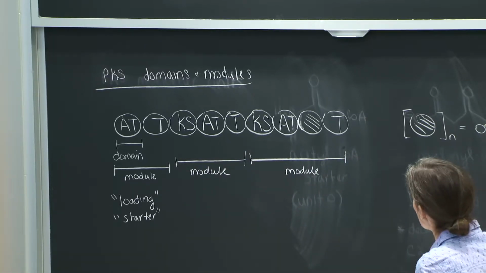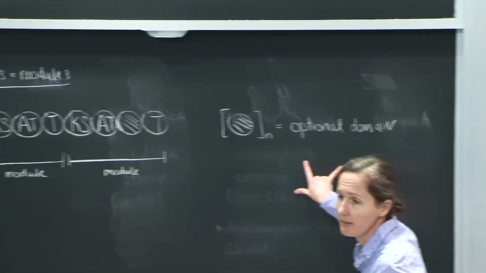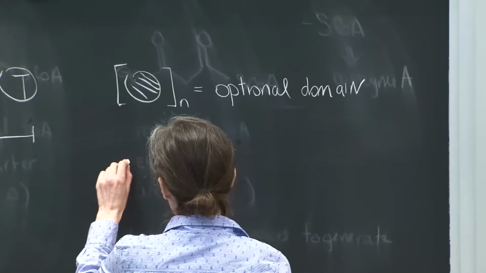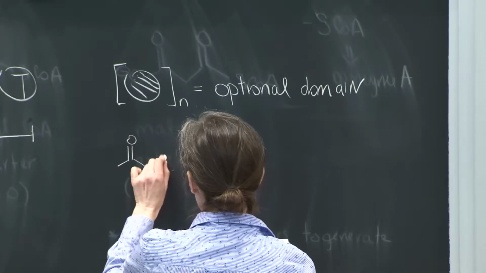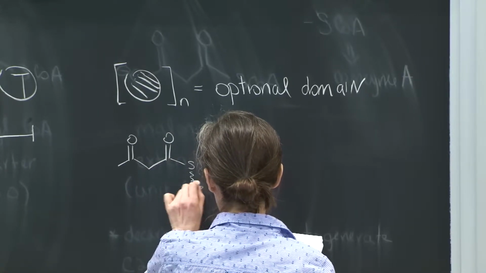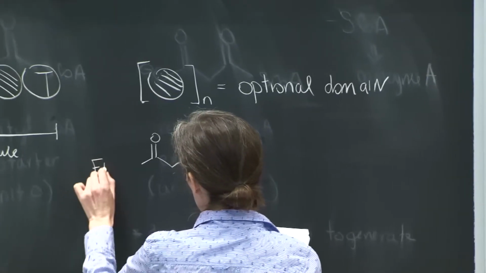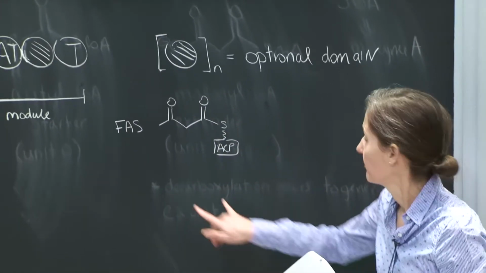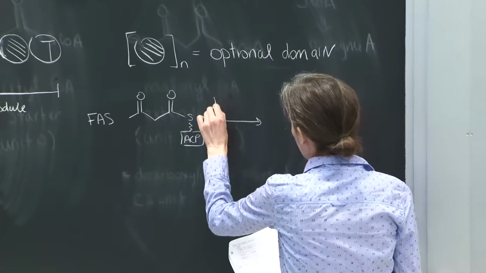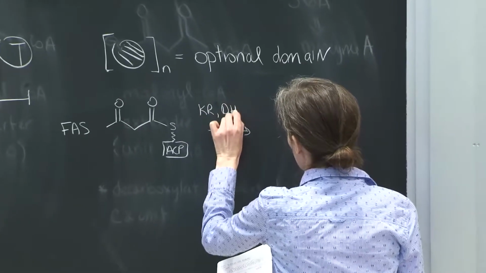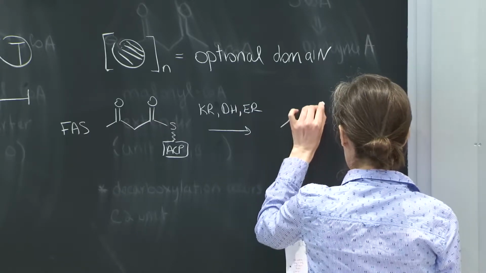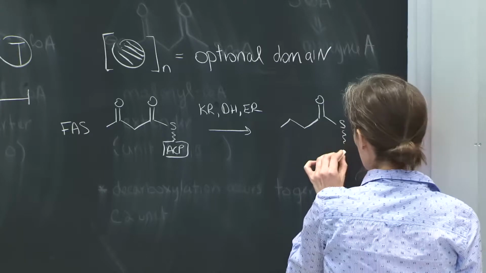So if we think about these optional domains for a minute, right, and think about how they work, if we go back to fatty acid synthase, and let's just imagine we have this species attached, right? We have the action of the KR, the dehydratase, and the ER to give us the fully reduced species, right?